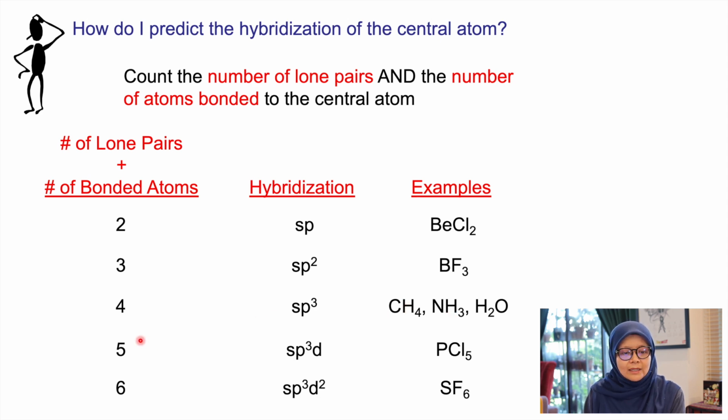And if this total is equal to 5, you get sp3d hybridization, for example phosphorus pentachloride. And last but not least, if the total number of lone pairs plus bonded atoms is equal to 6, you will get sp3d2 hybridization, and the example is sulfur hexafluoride.